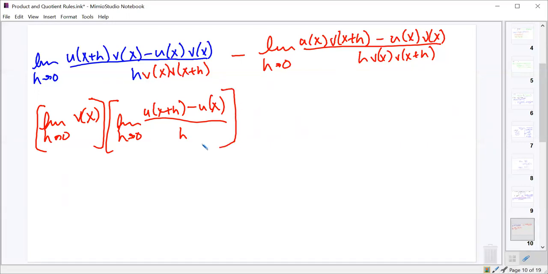And what about this other part here? I've also got this v of x plus h that's down there. And so could I also put in that the limit as h approaches 0 of 1 over v of x plus h? Can I separate that by itself also?